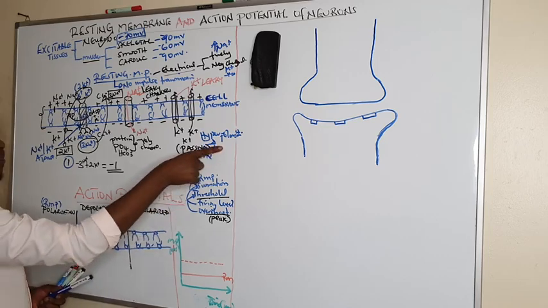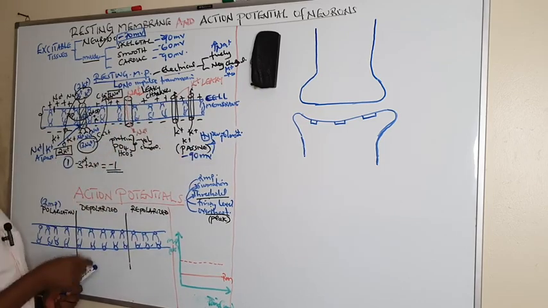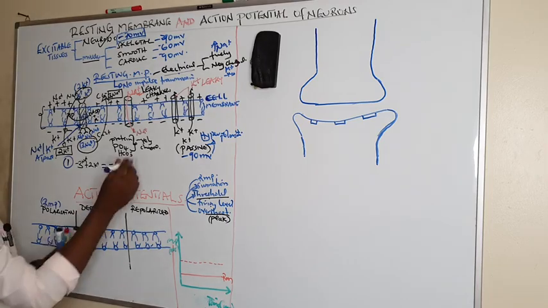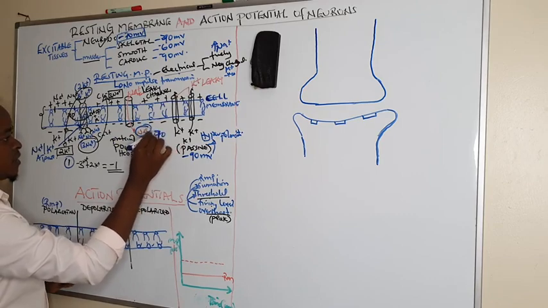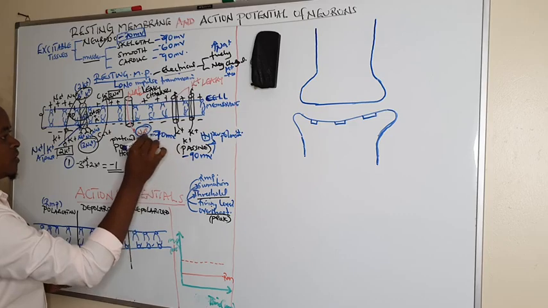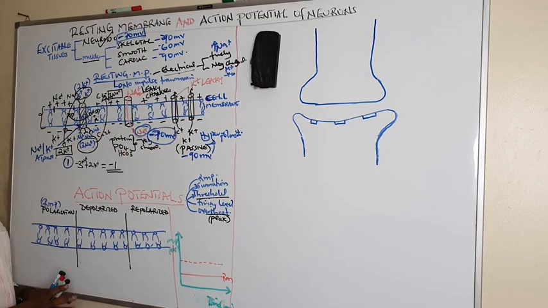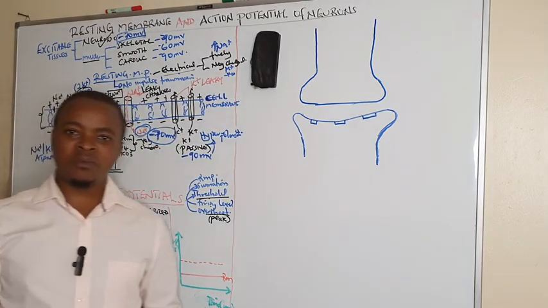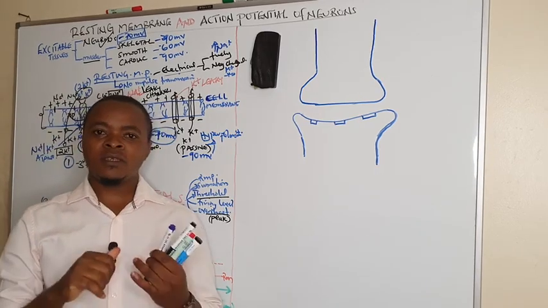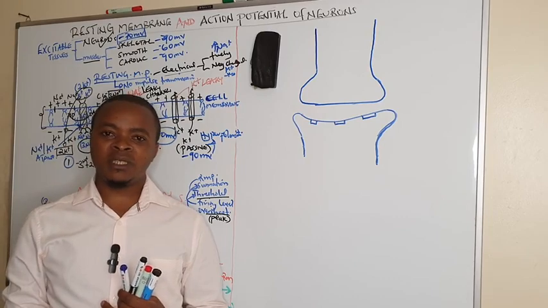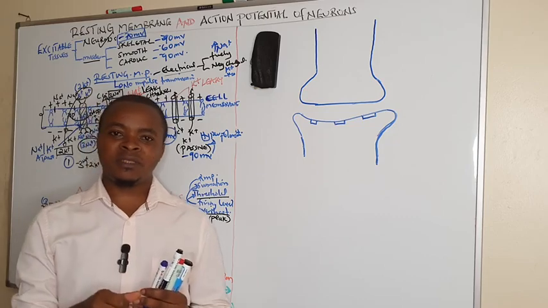This hyperpolarization is corrected by the small leakage of the sodium ions, which restores the membrane to negative 70 millivolts. So this is what we can discuss about maintenance of resting membrane potential by three mechanisms: the sodium-potassium ATPase pump, then leaky sodium channels and leaky potassium channels.